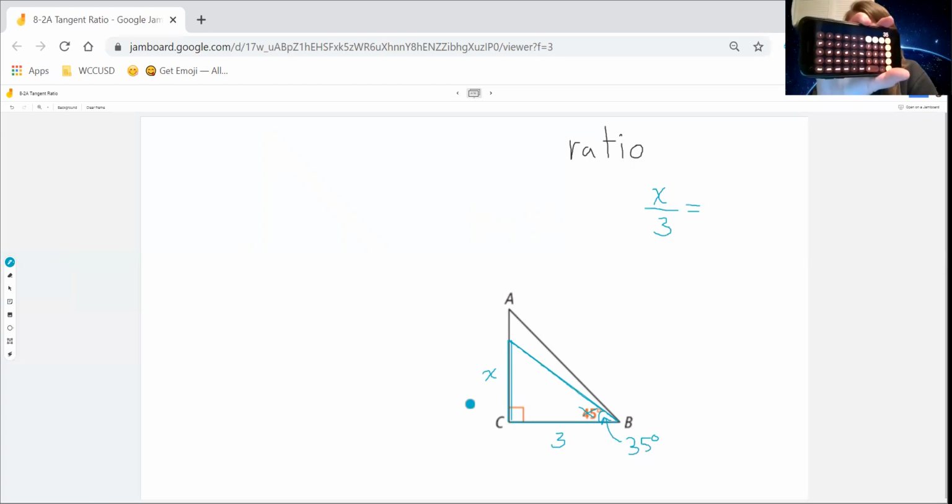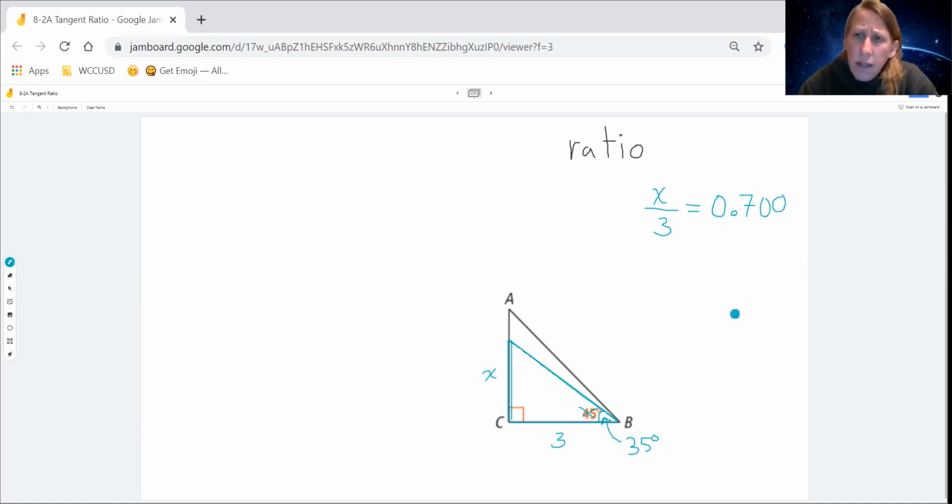We can type 35 and then hit the tangent button. Or you can look on a table of values, and I'll put a link to that. Back before they had calculators, they used books with tables in them. It turns out that it's not going to equal 1. It's going to equal 0.700.